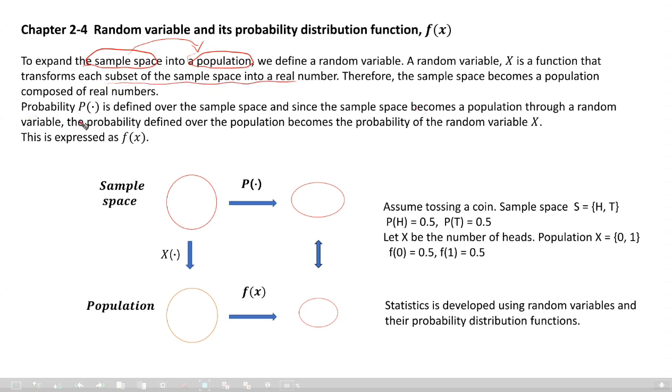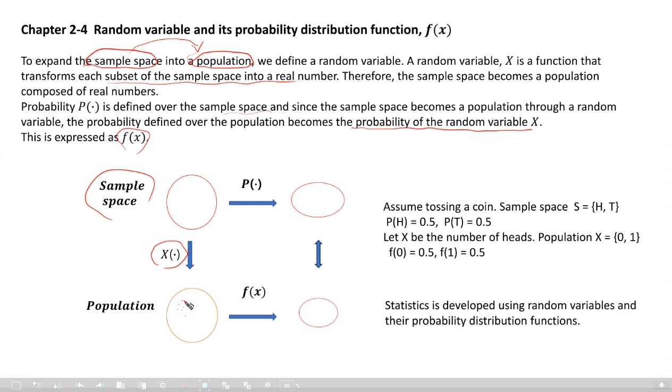Okay, probability P is defined over the sample space. And since the sample space becomes a population through a random variable, the probability defined over the population becomes the probability of random variable x, usually expressed as f of x. So the random variable x is a function which transforms a subset of the sample space to a real number.